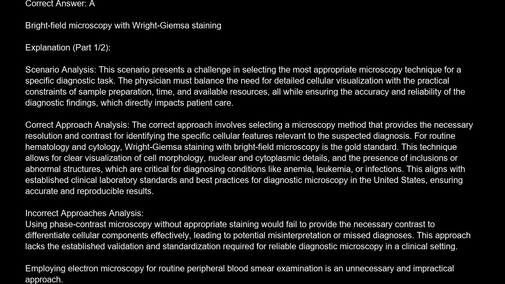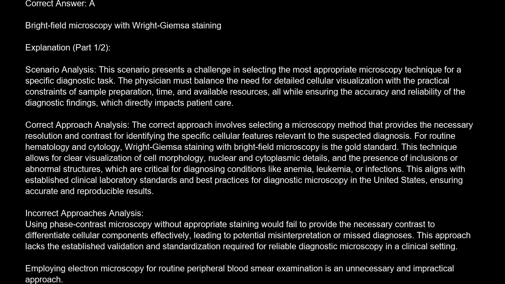Using phase contrast microscopy without appropriate staining would fail to provide the necessary contrast to differentiate cellular components effectively, leading to potential misinterpretation or misdiagnoses. This approach lacks the established validation and standardization required for reliable diagnostic microscopy in a clinical setting.